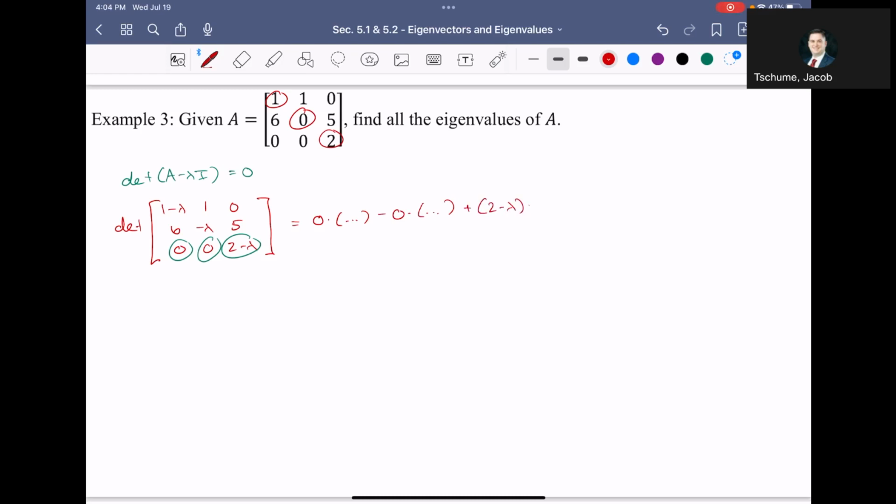We're going to take 2 minus lambda times the determinant of its submatrix. So cross off the row and the column, and you should get 1 minus lambda, 1, 6, negative lambda.